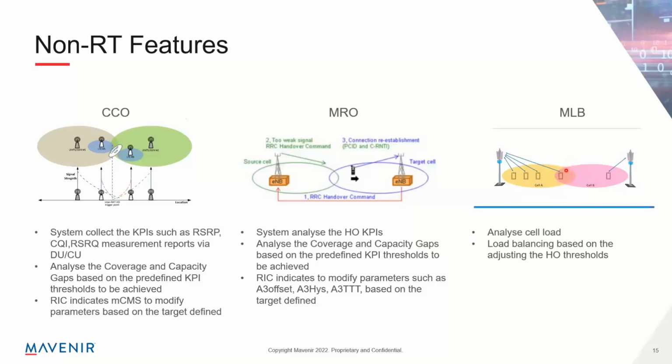As per this picture, let's say this particular UE also has cell B signals. Then the non-real-time RIC can understand that it has this signal and there are only a few UEs in that cell, so it can indicate to that UE, you had better move to this cell to get a much better experience. That is basically the way non-real-time works. You can do the same thing using the real-time RIC as well, but with non-real-time, it will be slower.